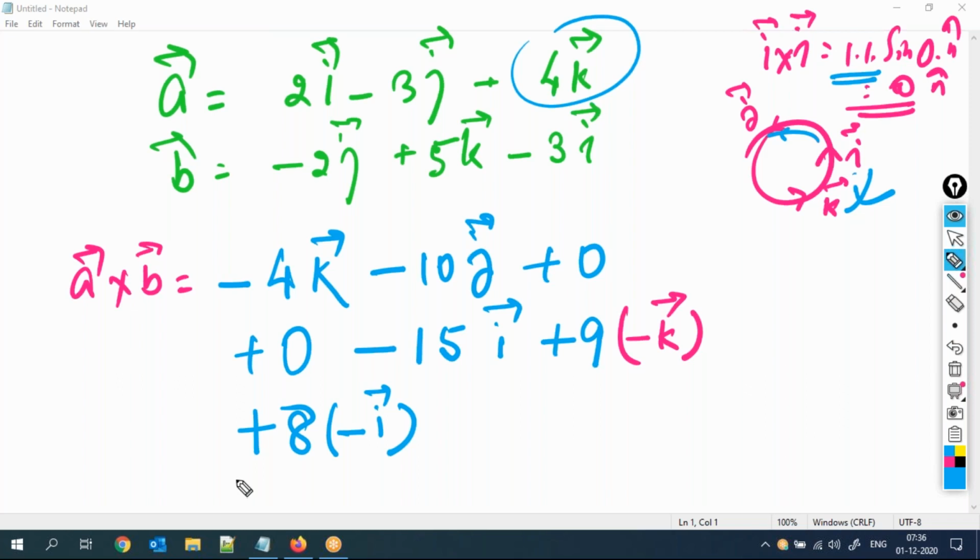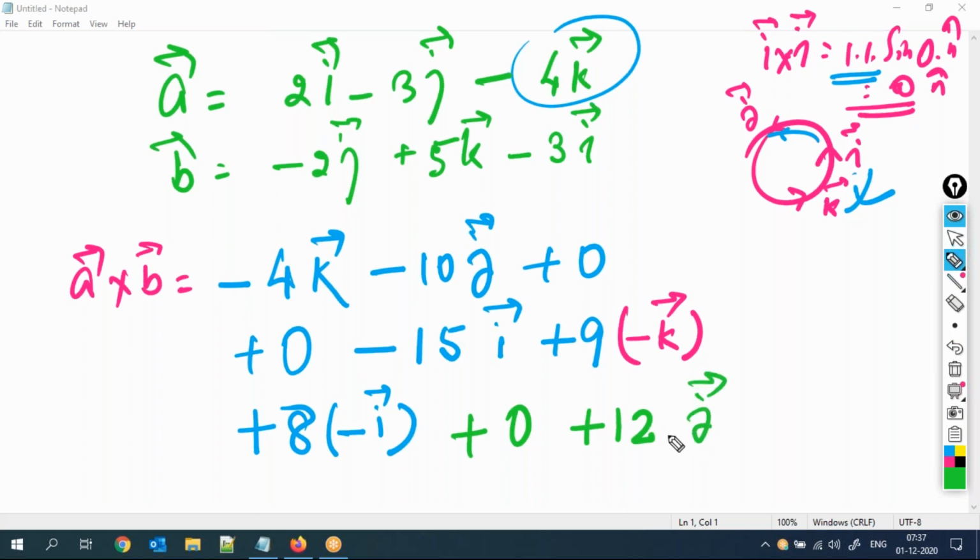Oh, yes, this is minus sign. Guys, don't get carried away. Now K and K will be 0. Any question? No, sir. And the last one will be plus 12 and K cross I, J.